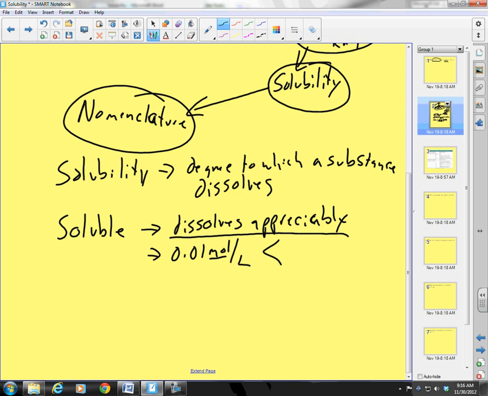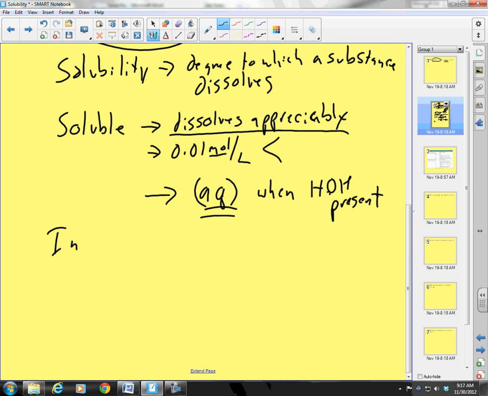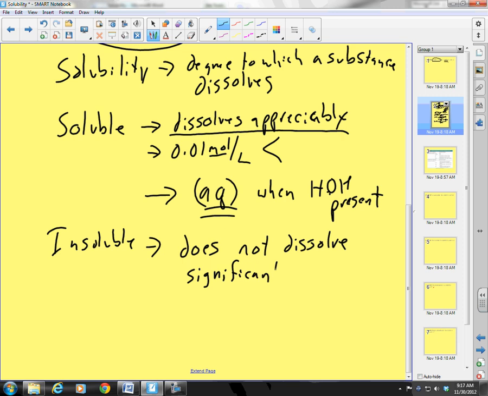If it's soluble, it dissolves appreciably. And what does that mean? That means it will form an aqueous solution. If I have something that is soluble when water is present, it will be aqueous. In contrast, something that is insoluble does not dissolve. Instead of appreciably, we can use the word significantly: it does not dissolve significantly.